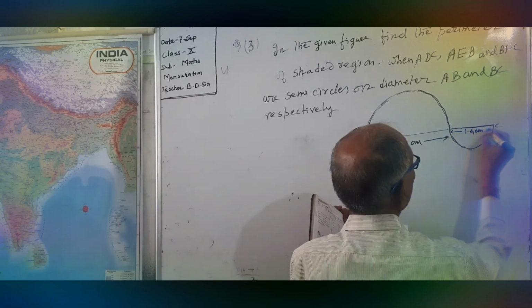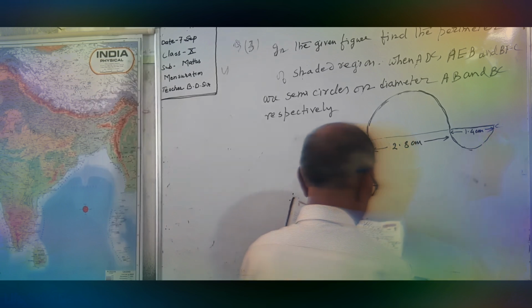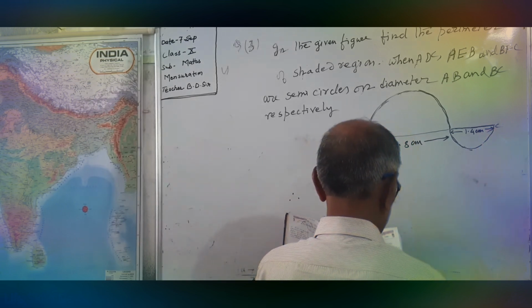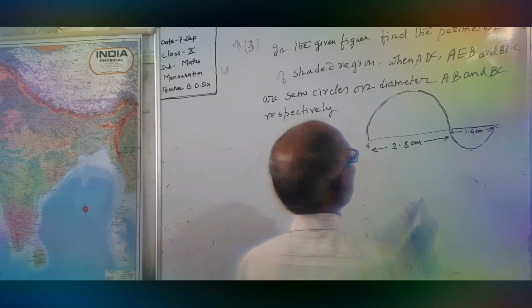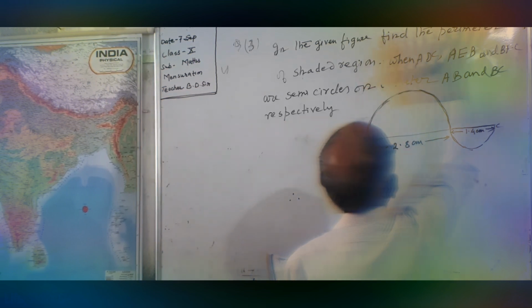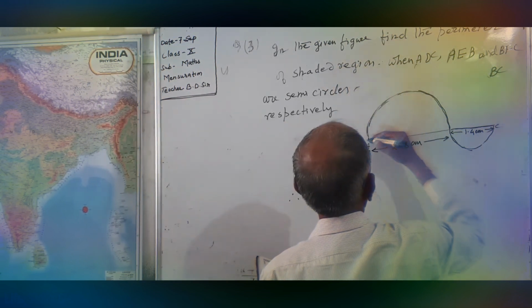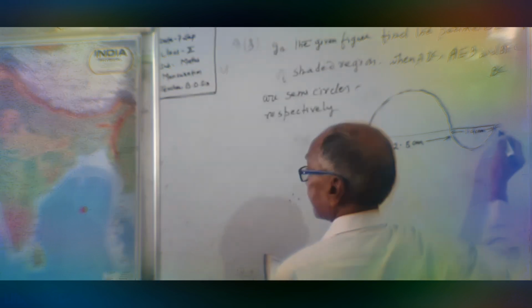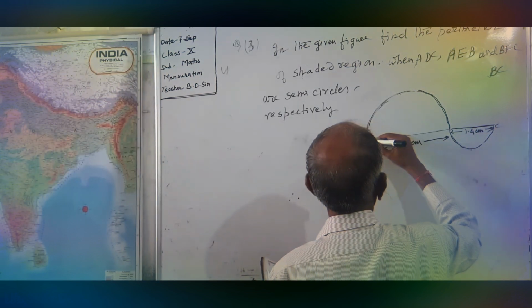Here we have to draw another semicircle, taking AC as diameter.